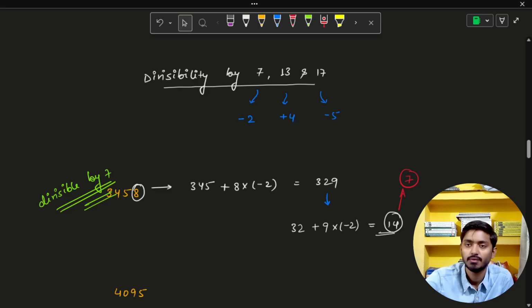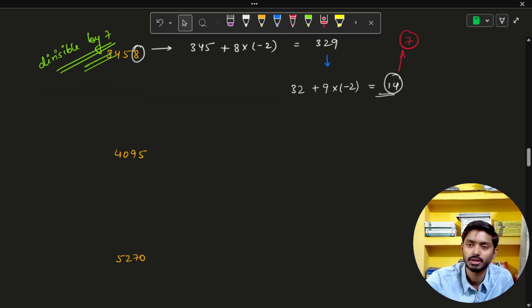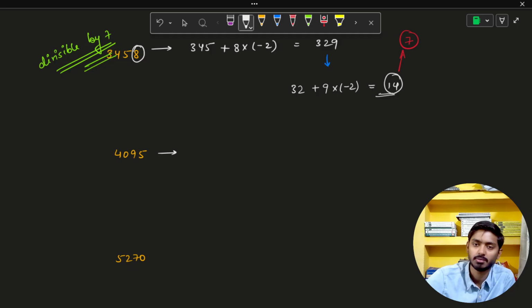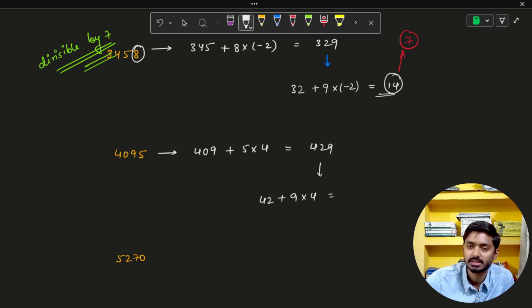All right. For 13, it is +4. We are going to do the exact same thing. We write the number without the unit digit, plus the unit digit times the modifier, which was +4 this time. That gives us 20, that is 429. We'll do that again. 42 plus 9 times the modifier 4, that is 36.